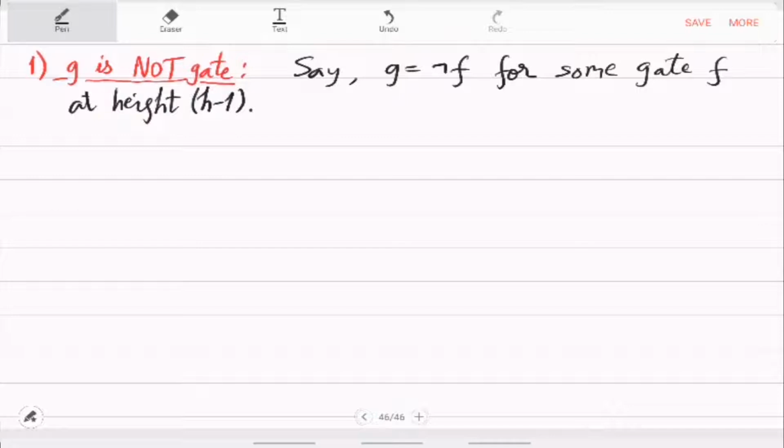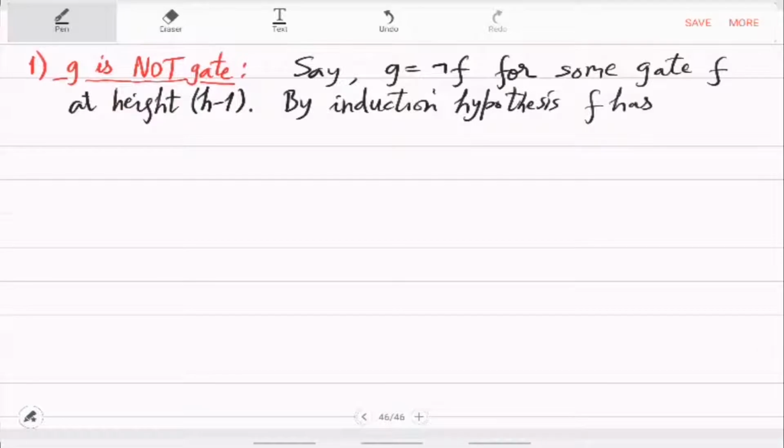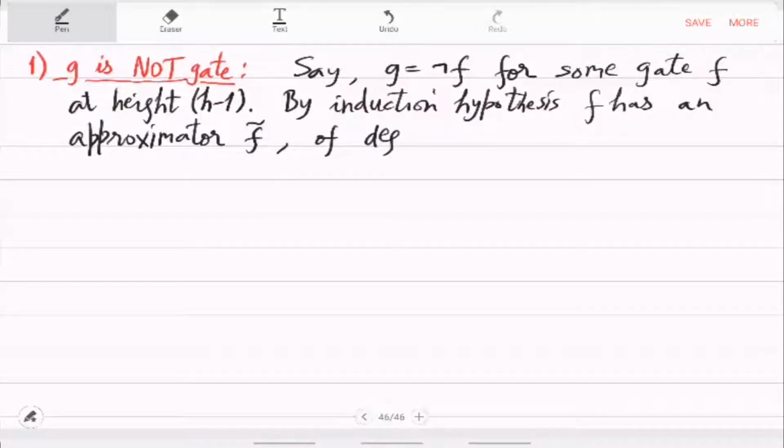By induction hypothesis, F has an approximator polynomial f tilde, whose degree is (2l) raised to h minus 1. So using this f tilde, can you get G tilde?